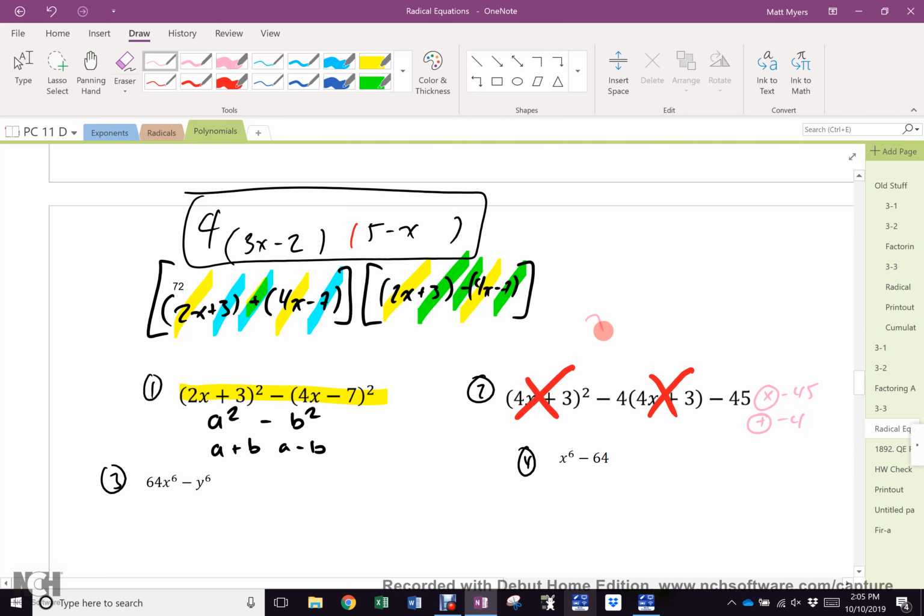So what you have is x minus 9 and x plus 5. But the x's are not x's. What are they? 4x plus 3 minus 9, which is 4x minus 6.